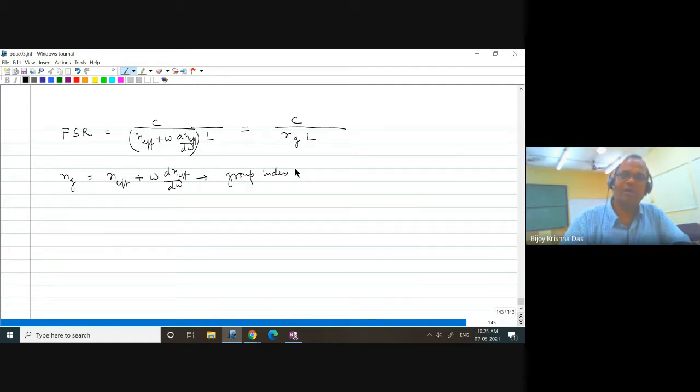The entire group forms an envelope, and that envelope is propagating. We define Vg equal to C by Ng. Instead of the simple refractive index, we consider the group index, and if you divide C by Ng, you get the group velocity.